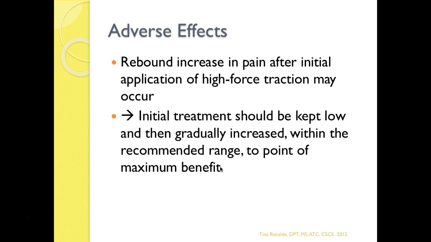If they're having more severe pain, you're probably going to have more ramp up and ramp down times with them so that it's a gradual progression to that 50 pounds and a gradual regression to that 25-pound minimum to avoid that rebound effect. And then we also have them lie on the table for about 5 minutes after the traction before we have them get up. So those are a couple different things that we do to help that patient not get that rebound effect after traction.